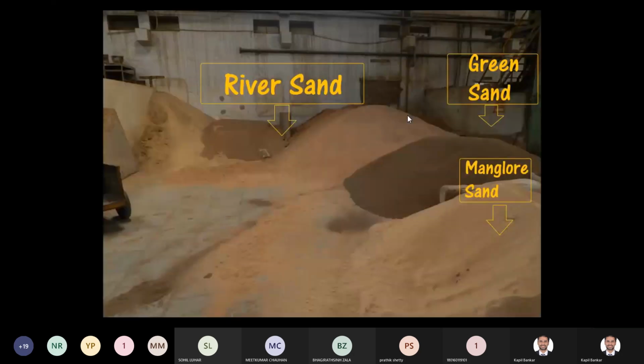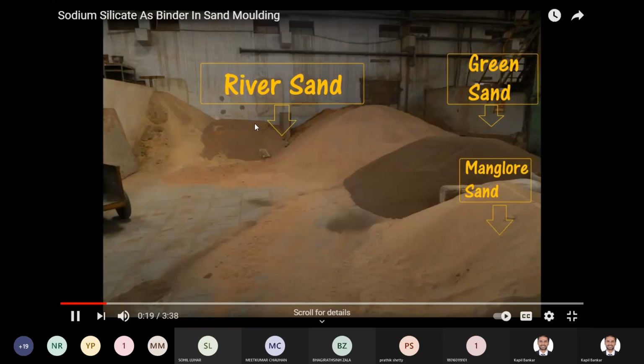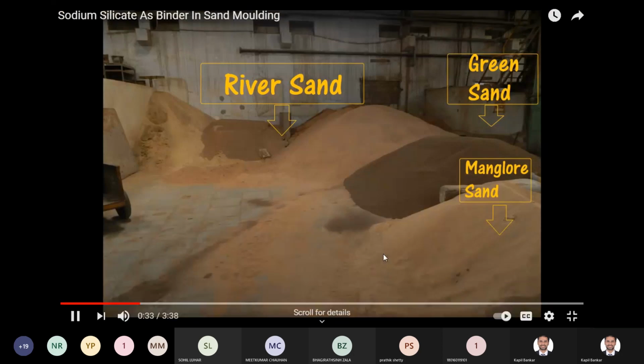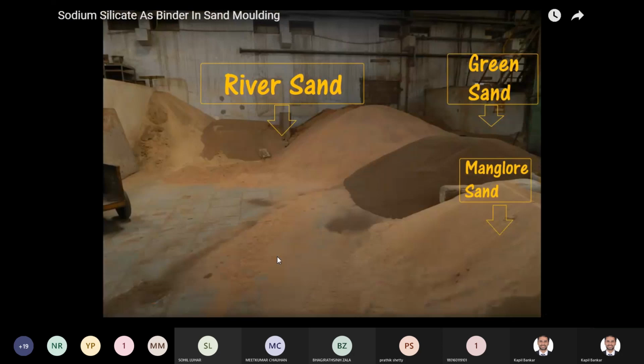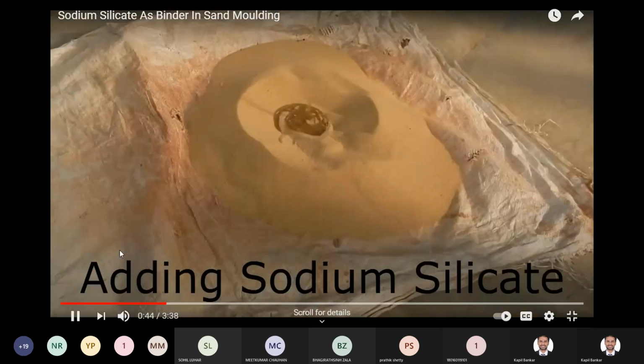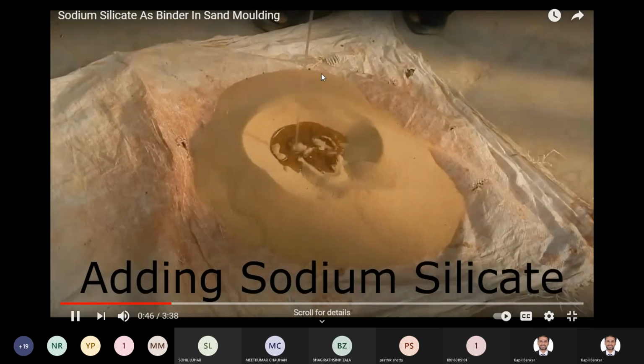Here are some sands. This is a river sand, this is a green sand, and this is a Mangalore sand. Different types of sand are available, and you can use different types as per your requirement. You can take any of the sands to prepare the sand mixture, and here we add some sodium silicate.